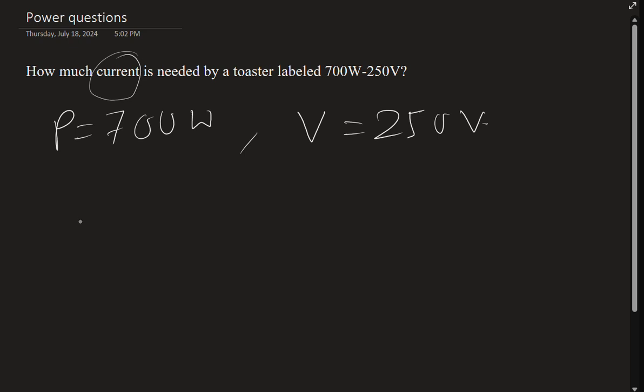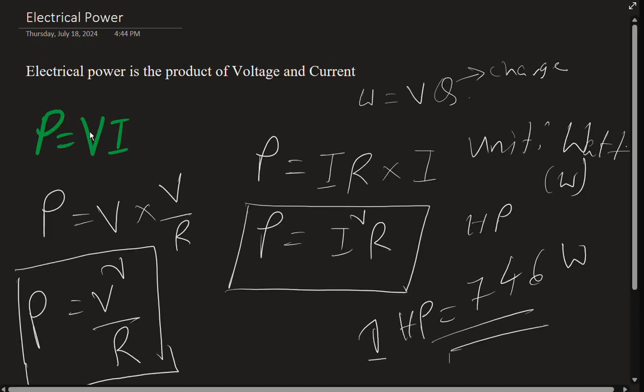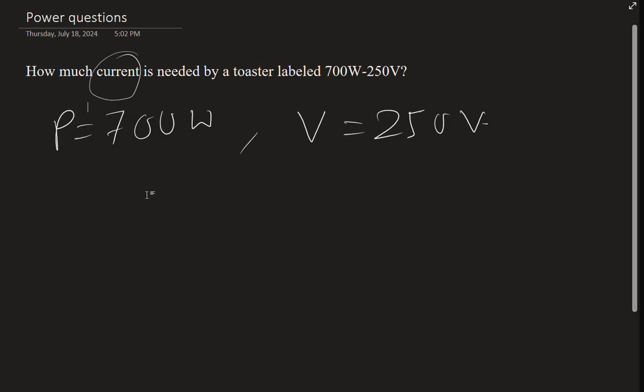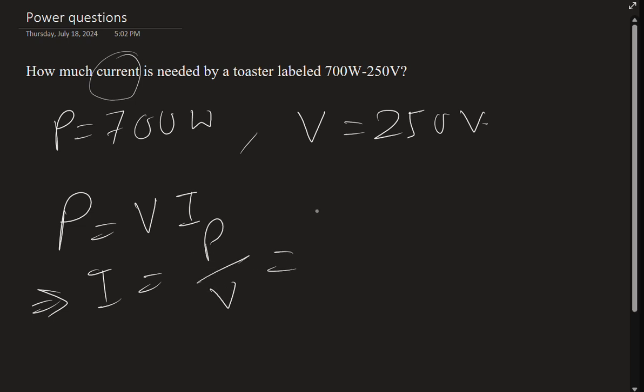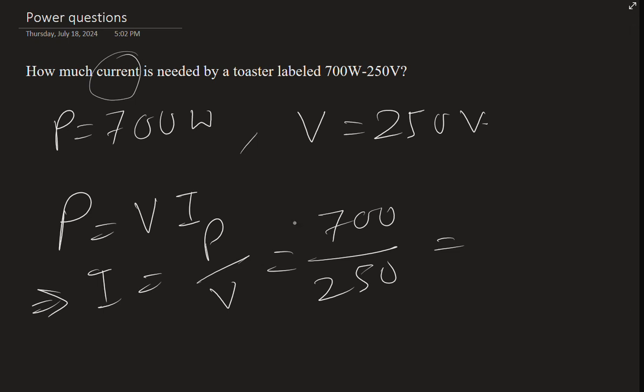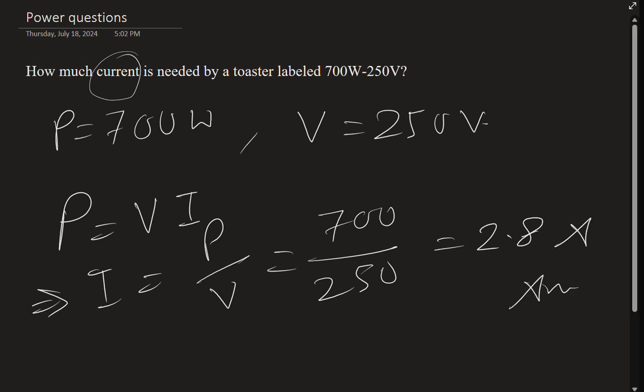Now again, from the first slide, we know the base formula, P is equal to VI. Let's rearrange that for I. I is equal to P over V. Substituting the values, we have 700 over 250 volts. 700 over 250 is 2.8. So 2.8 ampere. That's the answer.